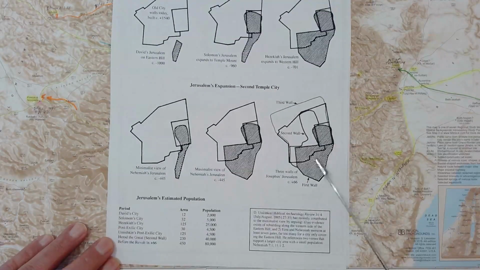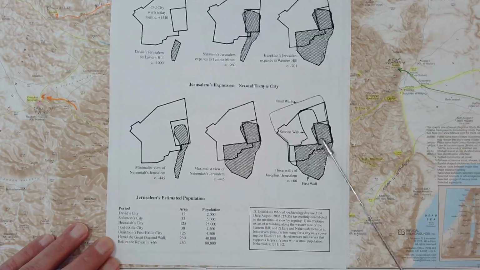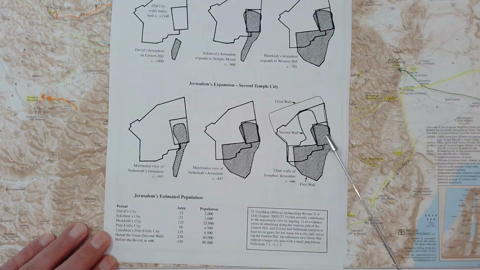And then if we take that maximalist view and we begin to identify the walls that Josephus spoke about, he spoke about the Hasmonean kings building this first wall, and then Herod the Great building the second wall, and that would be the city that the master knew.